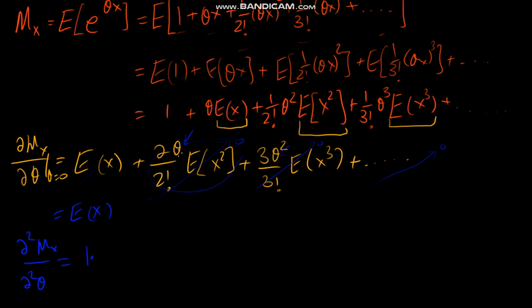We are making the derivative with respect to theta, so theta will go away, and we will be left with this 3 over 3 factorial. I'm sorry, when we derive this, it is 3 times 2 theta over 3 factorial. I'm running out of time, so we'll continue this in another video.